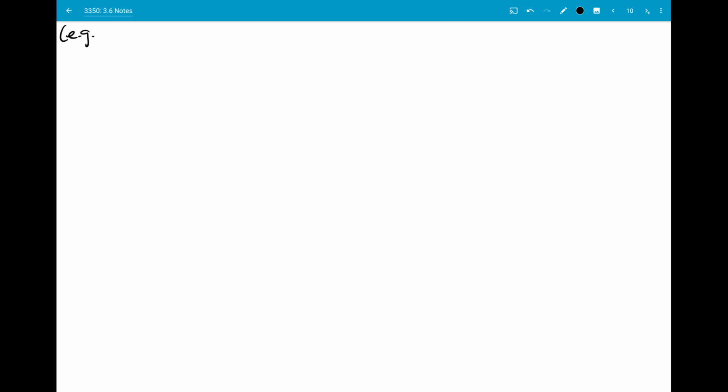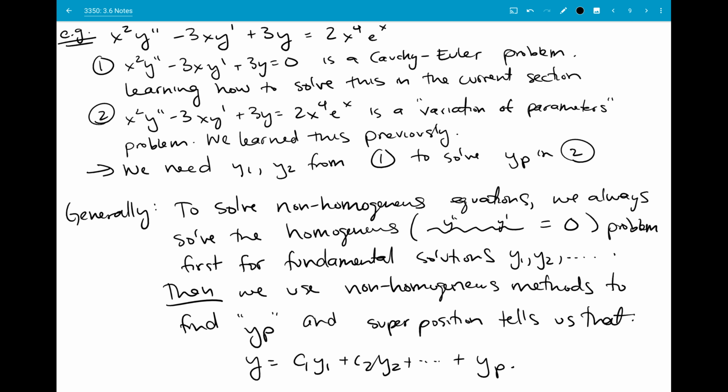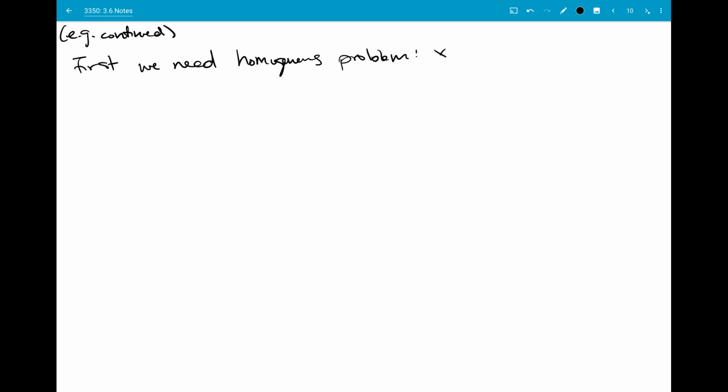So now that we've made that map of how we approach this type of problem in general, first we need to solve the homogeneous problem: x squared y double prime minus 3xy prime plus 3y equal to 0.